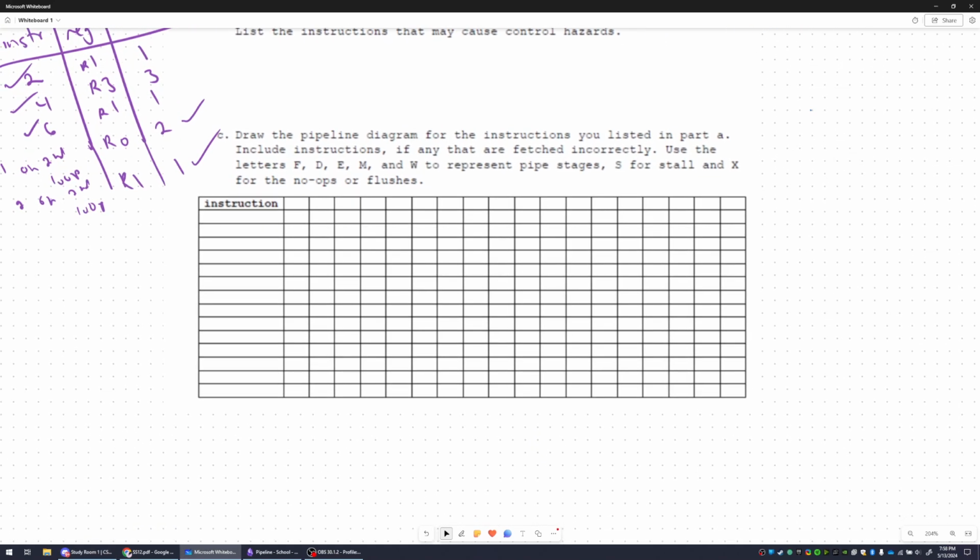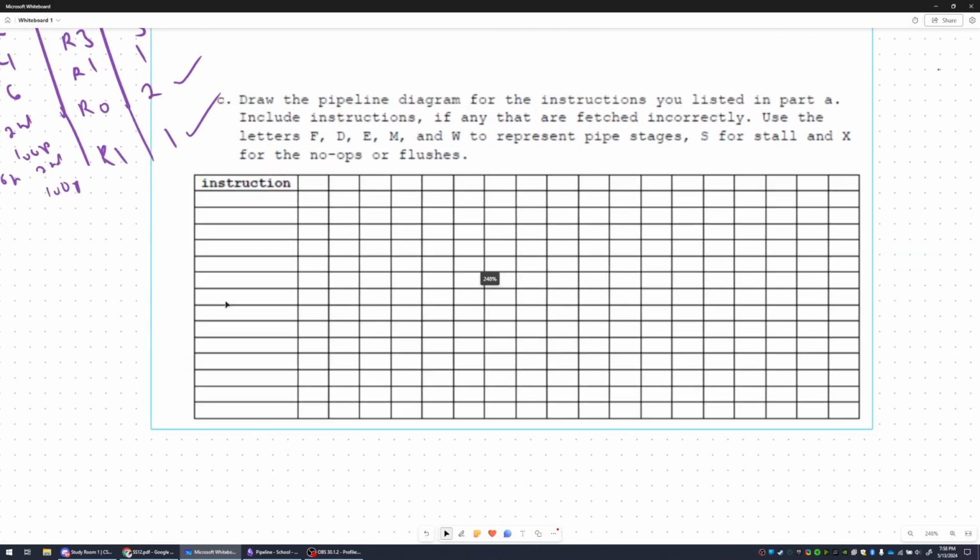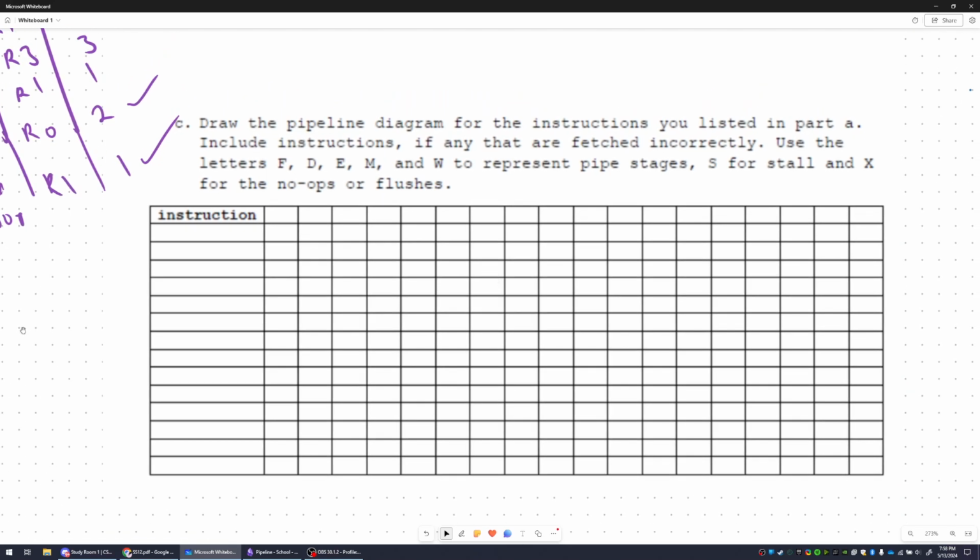Okay, I'm just going to move to the next one. Start the pipeline diagram. So it's going to be 1, 2, 3, 4, 5, 6, 1, 2, 3, 4, 5, 6, and then every instruction will always fetch the code.